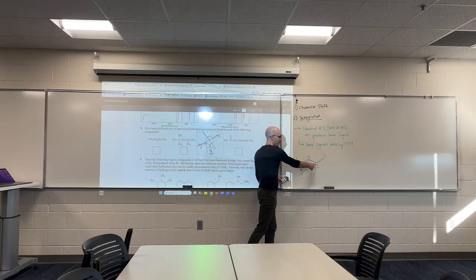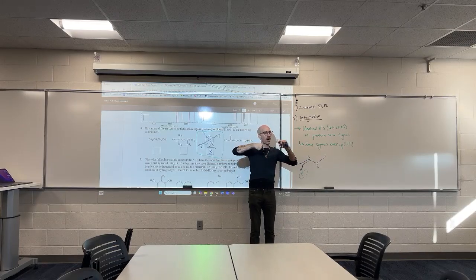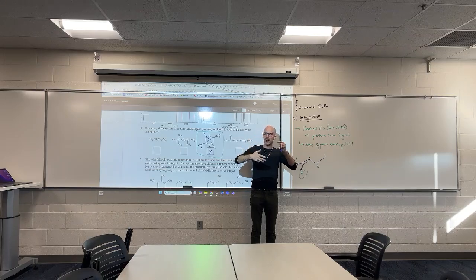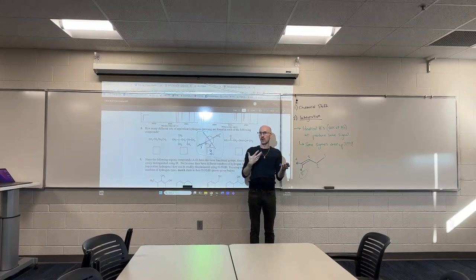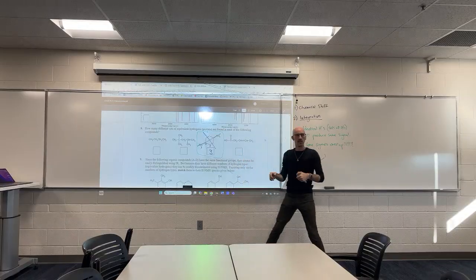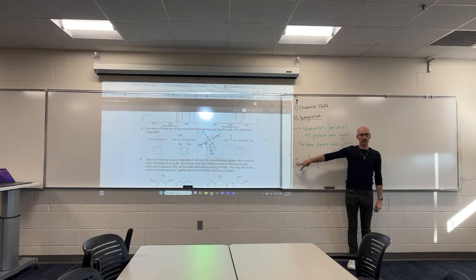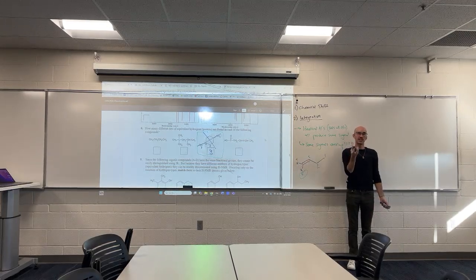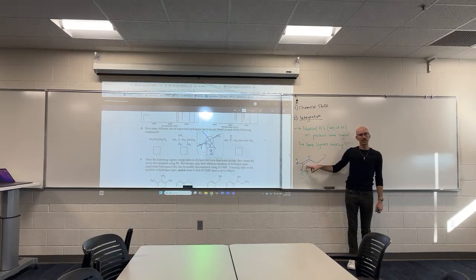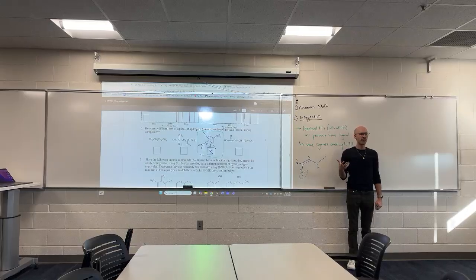So these two hydrogens, because they're always rotating, they always experience the same chemical environment at some point through that rotation. But these two hydrogens cannot rotate. So they don't experience the same chemical environment. They experience a unique chemical environment. That's the one distinction here, is that CH2s on alkenes behave a lot different than what you might expect.